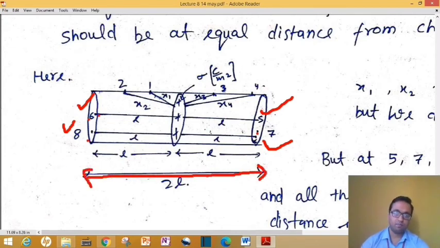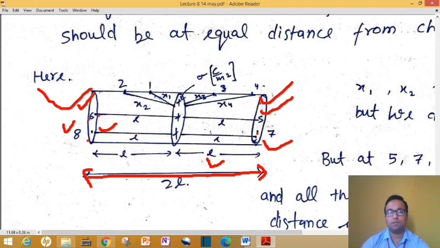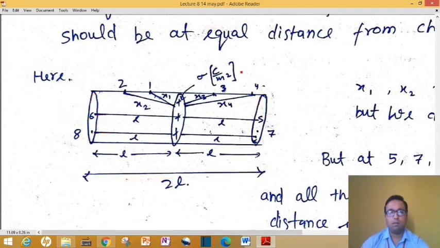Okay, I have considered that 5 and 7 are at a distance of L, because the plate is just kept at the center. And this 6 and 8 are also at a distance of L. Got my point? So 5, 7 and 6, 8 are our correct points, meaning this circular area and this circular area we can call symmetric Gaussian surface. Okay, but here we will talk about 1, 2, 3, 4.